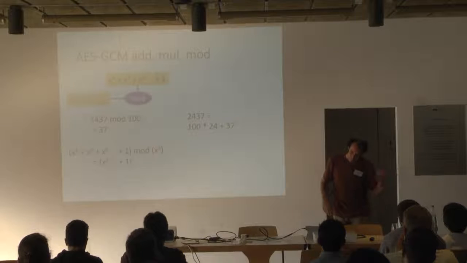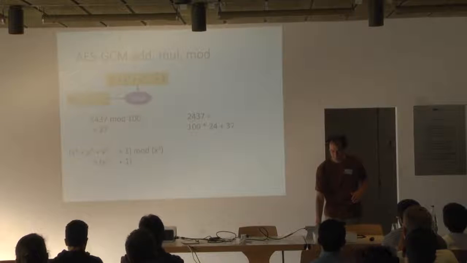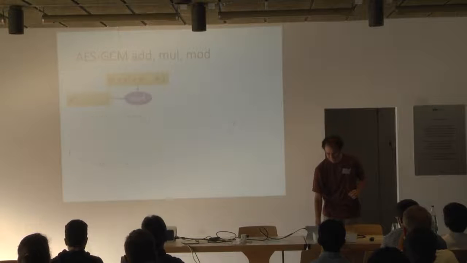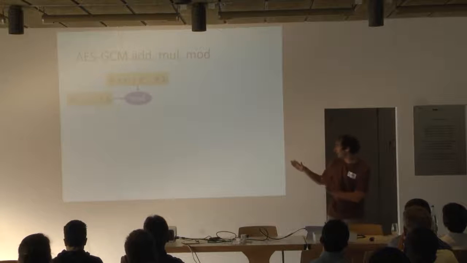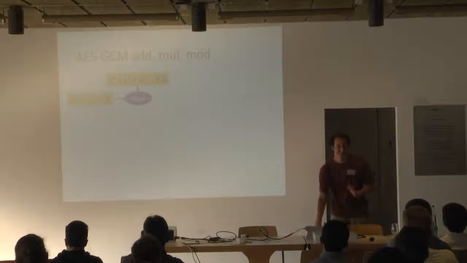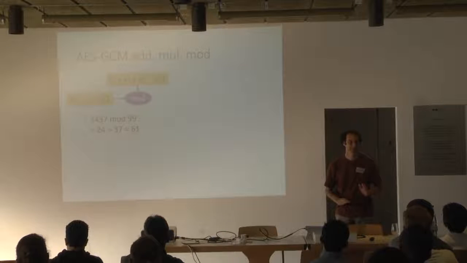Now, the GCM specification is going to ask us to do mod with something a little more interesting than that. Let me show you real quick what this looks like if, say, we were doing mod x to the third plus 1. Again, we can look to integers for inspiration. If you want to do something mod 99, there's a trick.